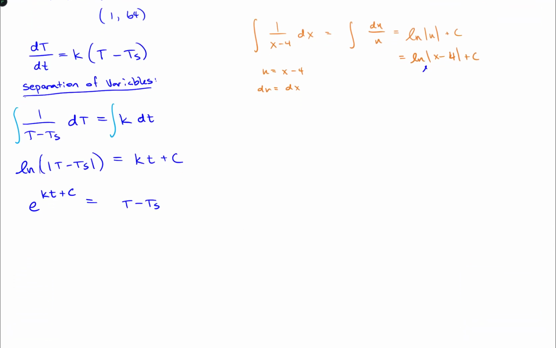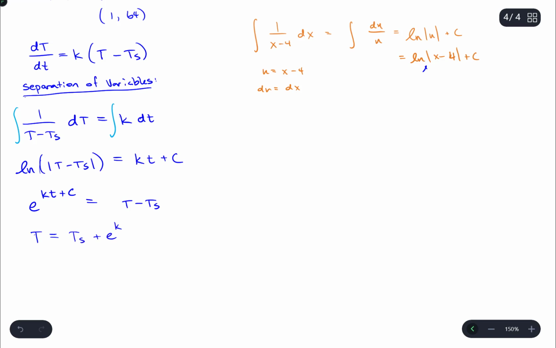All right, now what's next here? So I could add the temperature of the surrounding medium to both sides, and then that would tell me that I have T equals T sub s plus e to the kt plus c, or this is the exact same growth model as we had earlier.